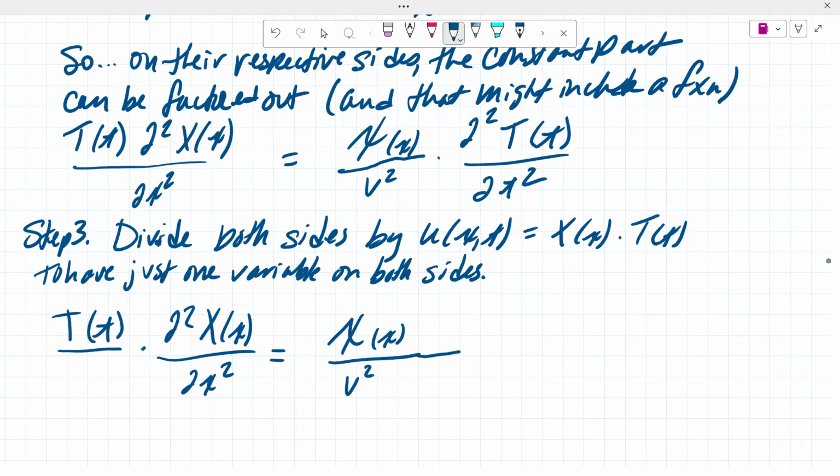Let's make this line a little longer, anticipating what else I need to do. And then we just bring along the rest. d squared T of t over dt squared. Now we're going to divide out by this function right here. To divide out means multiplying by 1 over it. So I'm just going to put it in the denominator. Make my fraction line nice and large here.